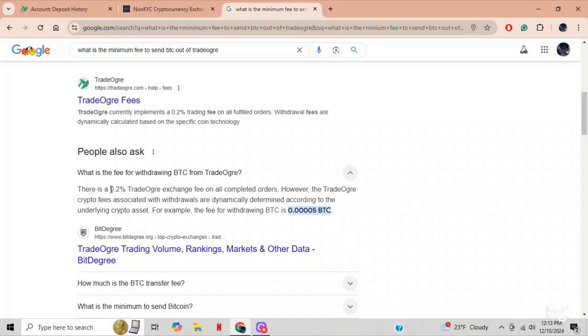Usually your trade fee is 0.2% of the trade. As of right now, to withdraw Bitcoin, this comes out to be $4.79.